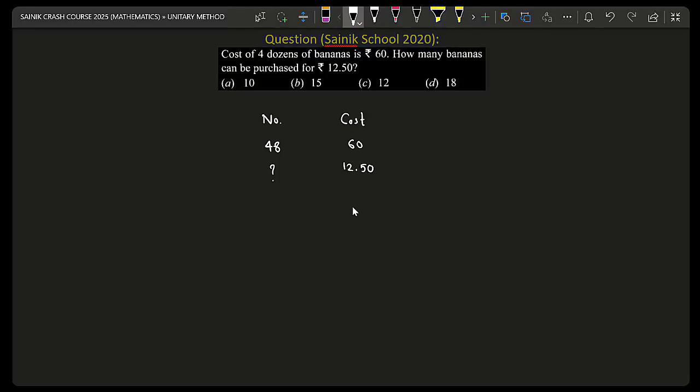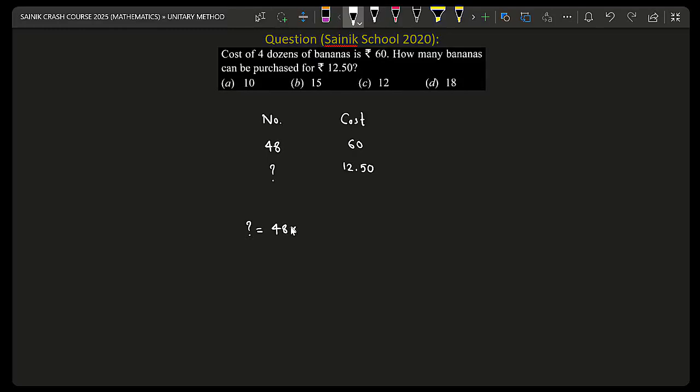Question mark is equal to, which number is related to question mark? See vertically, not horizontally. Which number is related to question mark? Sir, 48. Yes, 48 multiplied by.